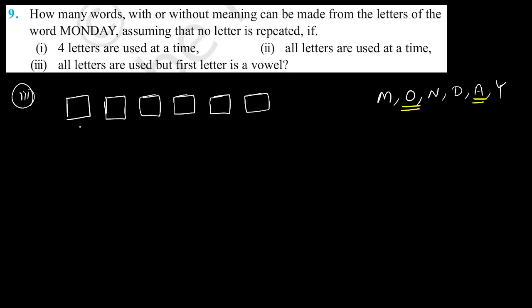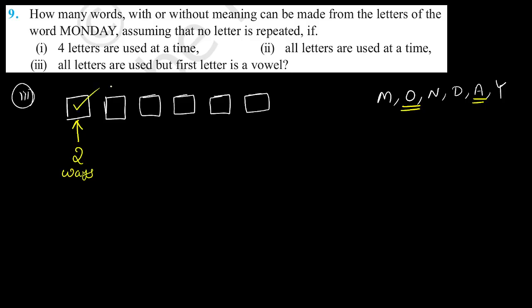The first letter must be a vowel, so the first box must contain either O or A. So in 2 ways I can fill it. Okay, give a tick mark.